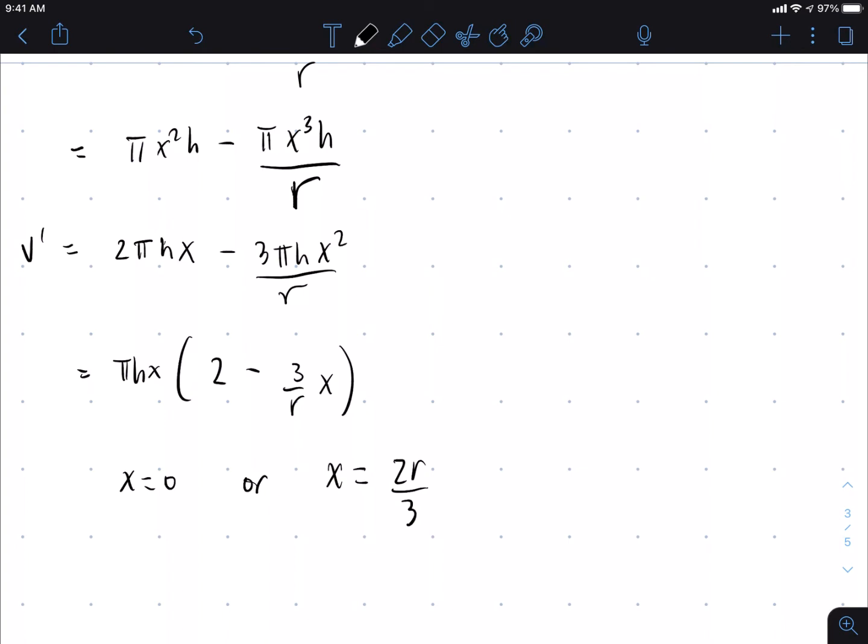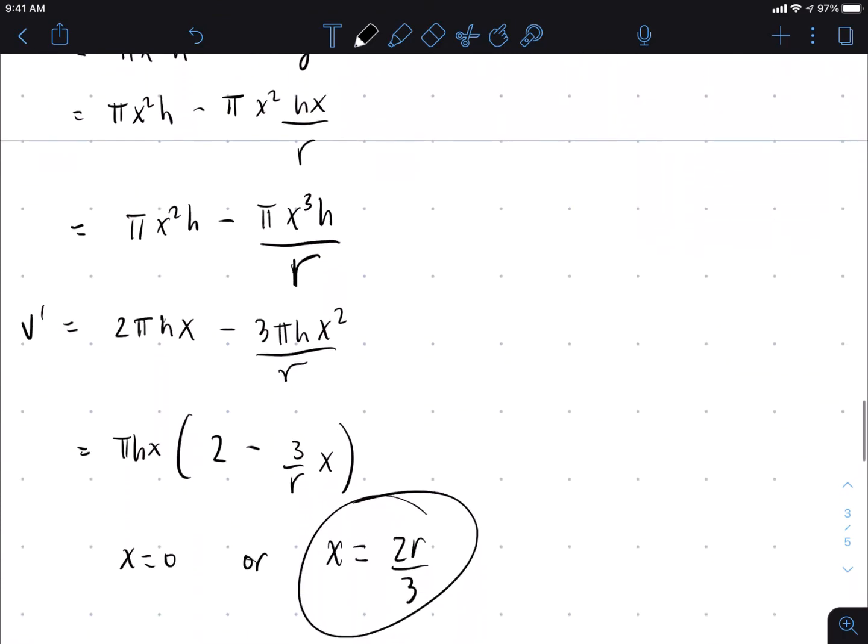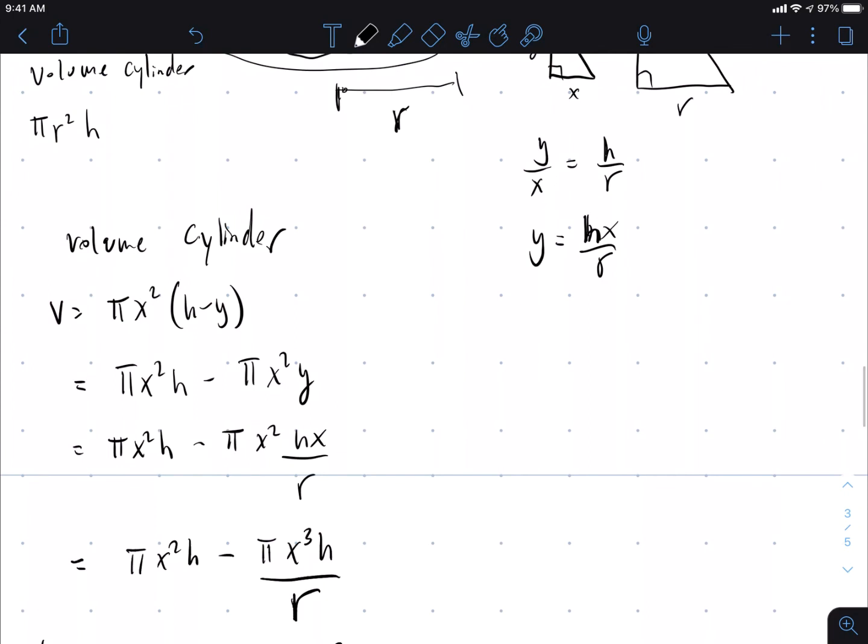Okay. So if this is the max, then to find the volume, we need to substitute into our volume equation to find out what the volume is. I'll leave that to you. Okay? What I mean by that is you would plug your x into this right here.